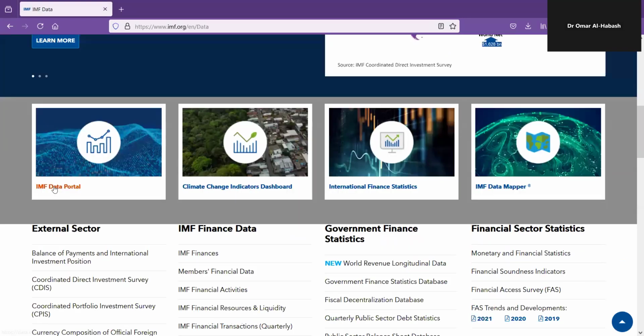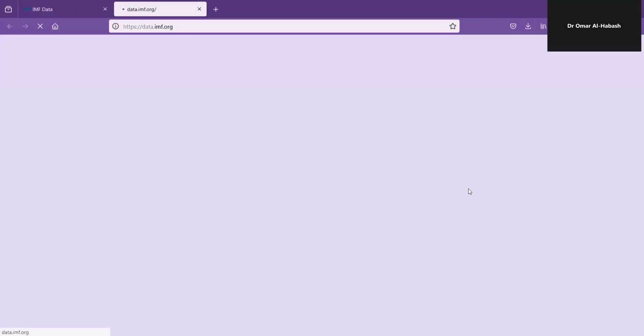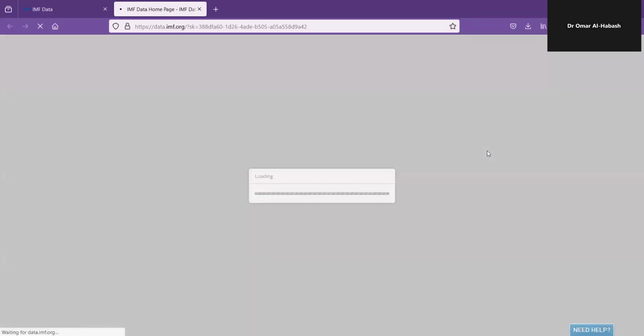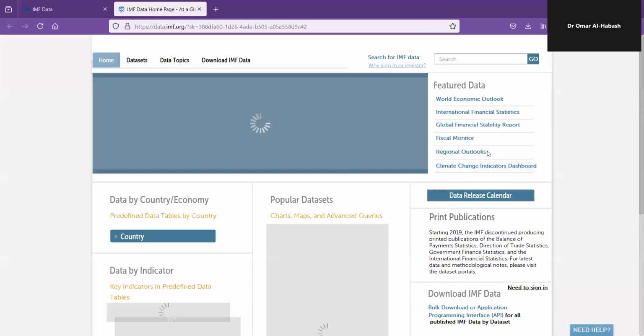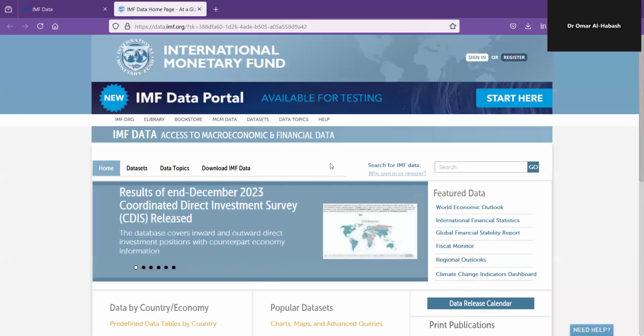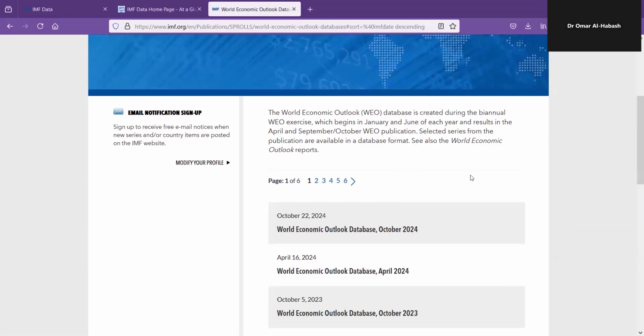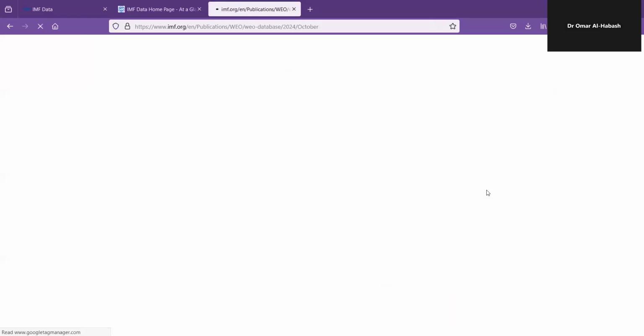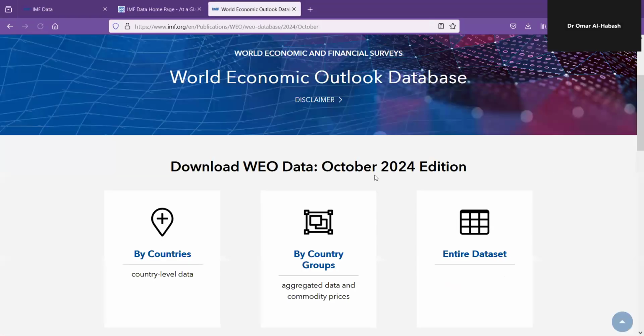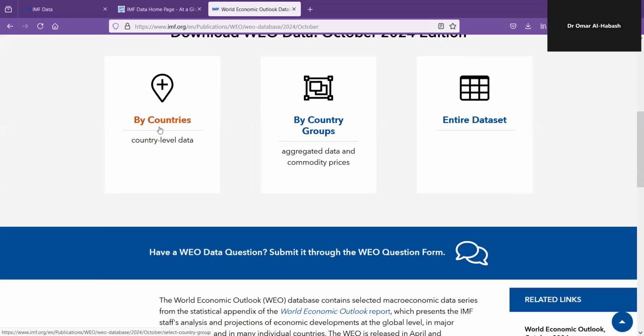Then you need to click on IMF data portal. Click on World Economic Outlook 2024. Now we look at data by countries.